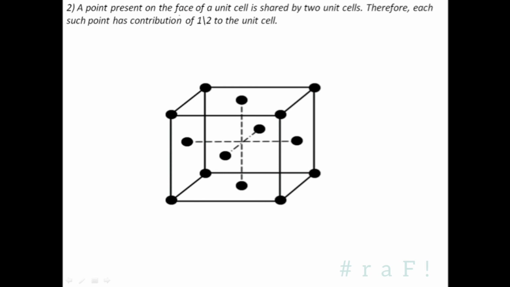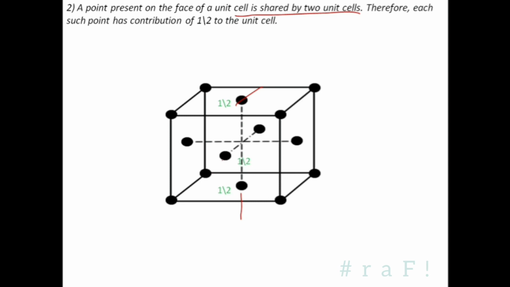See here, a point present on the face of a unit cell is shared by the surrounding unit cell. Take this atom. Half of this atom is present in this face centered unit cell, and half is shared with its neighbor. Next, the bottom atom: half of the atom is present in this unit cell and half in the neighboring unit cell.